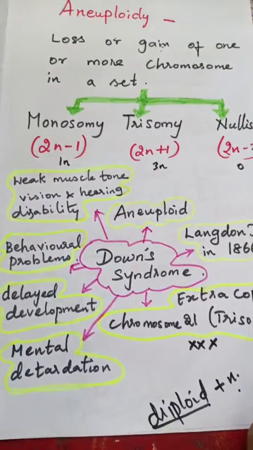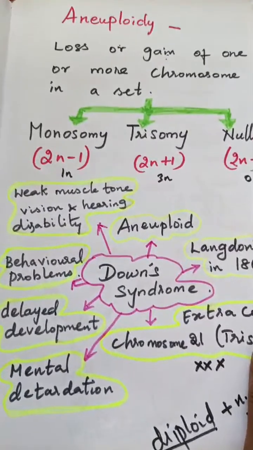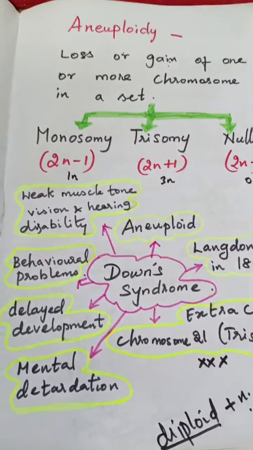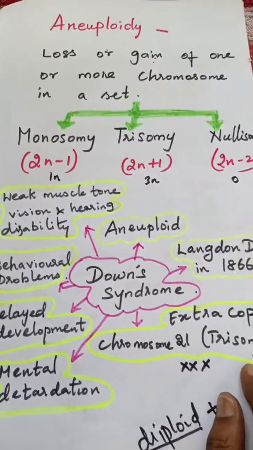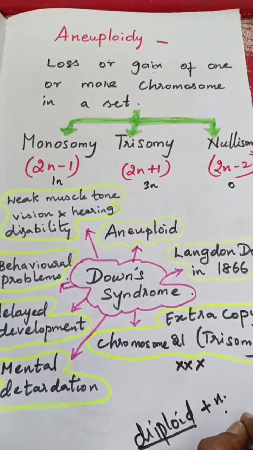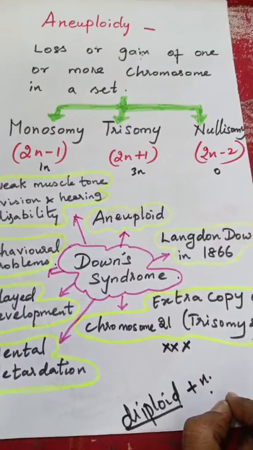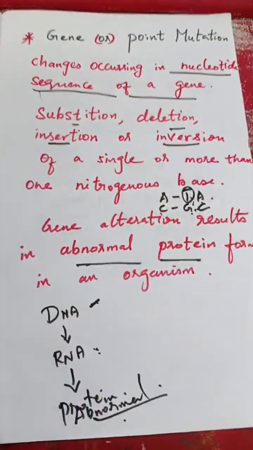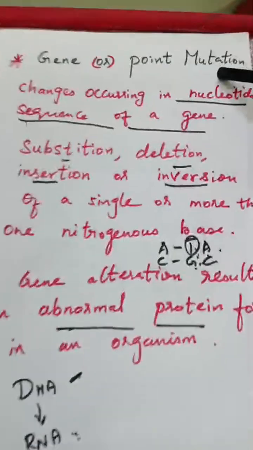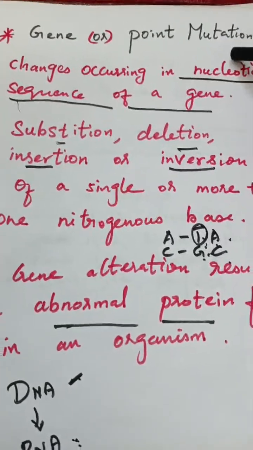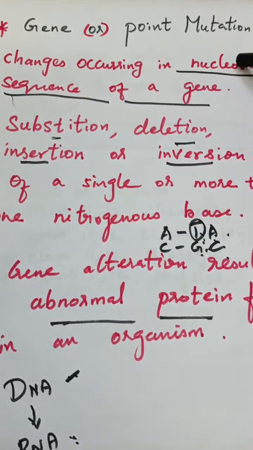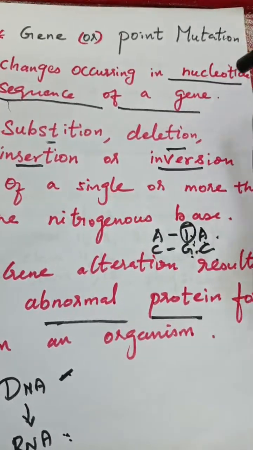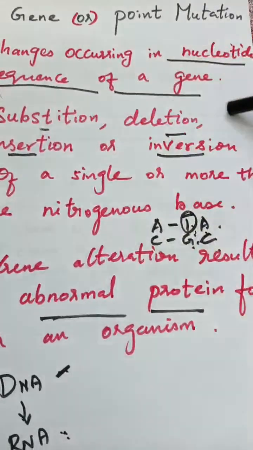Understood? So I hope you have understood today's session about mutation. My explanation would have cleared all your doubts, I think. Okay, now, what is the gene mutation? I told you that gene mutation is mainly due to changes in the nucleotide sequence of a gene. What are the conditions here?